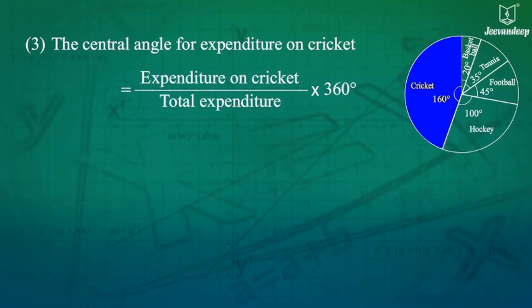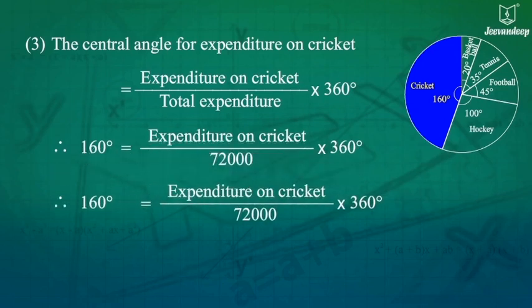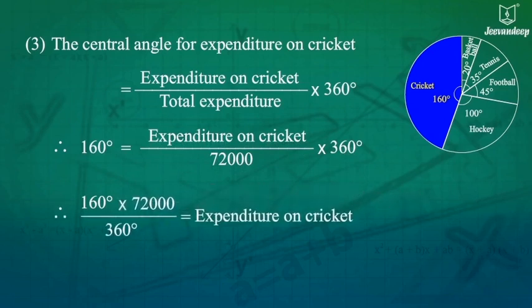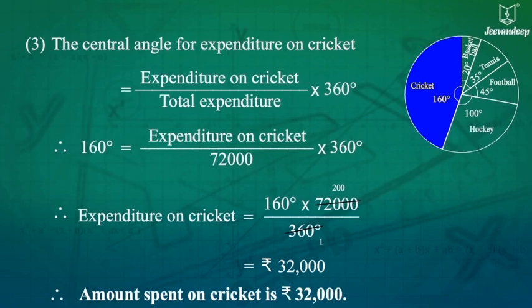Putting the value of central angle for expenditure on cricket as given in the figure and the total expenditure, we get 160 degrees equals expenditure on cricket upon 72,000 multiplied by 360 degrees. Therefore, the amount spent on cricket is 32,000 rupees.